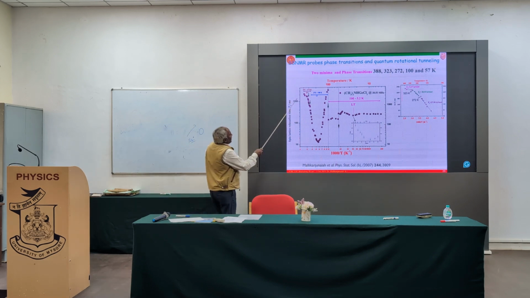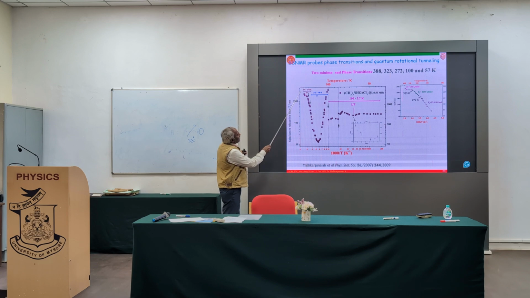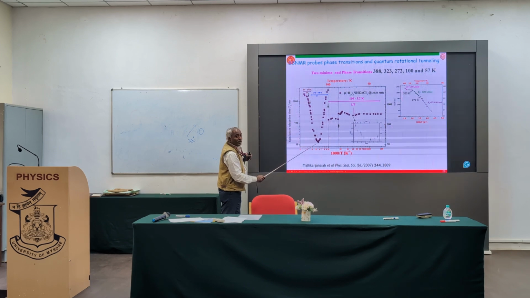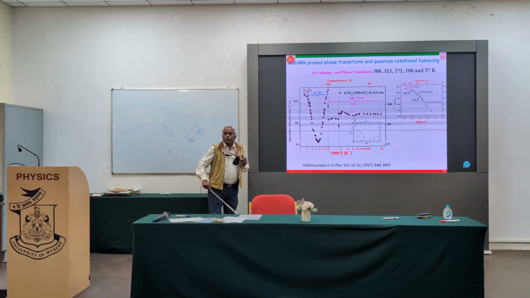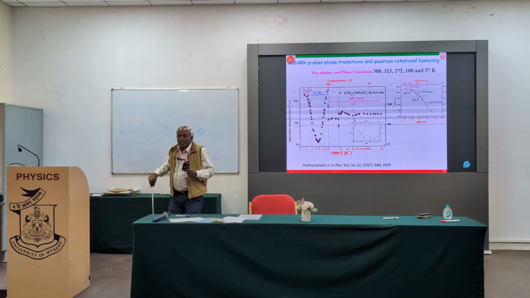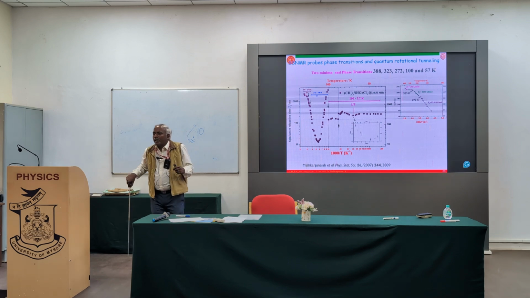Like this spin lattice relaxation, I measured it at 400 Kelvin, and then we noticed that the spin lattice relaxation kept on decreasing and reached one minimum point. At that point, relaxation time is minimum means coupling is maximum. There are many people to drag you back to the ground state immediately.